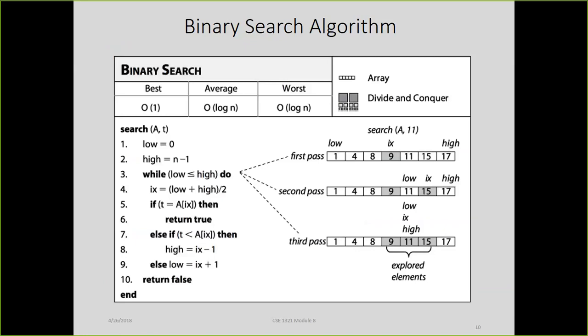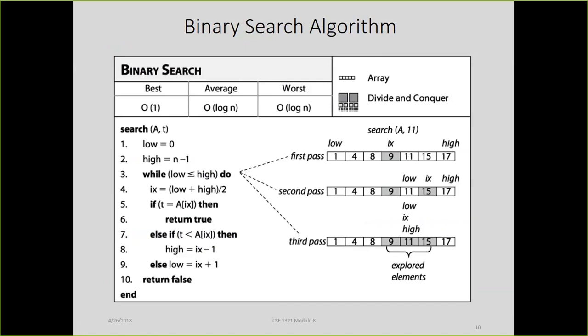I have added another slide. If you go through that, you see it says best case is 1, then average case is big O log n, and worst case is log n. So even in the worst case, the complexity of the binary search algorithm is big O log n.